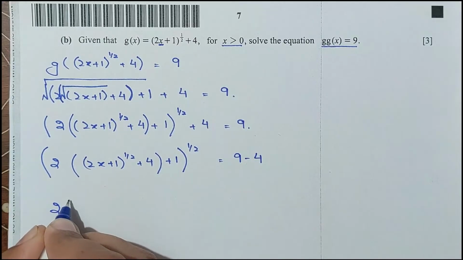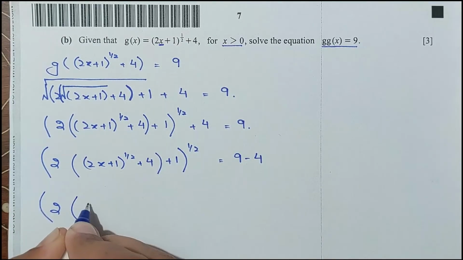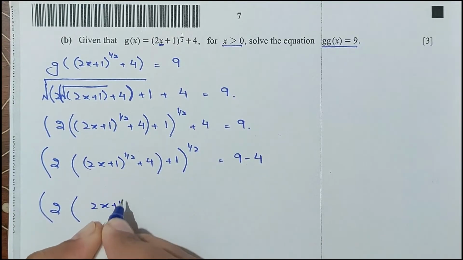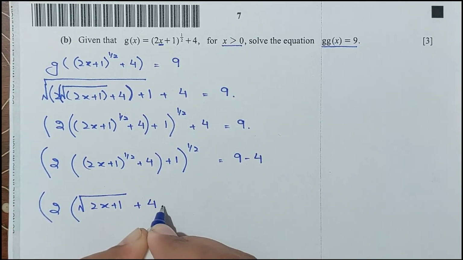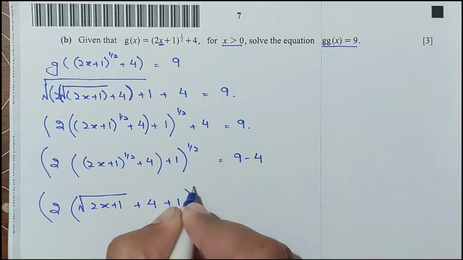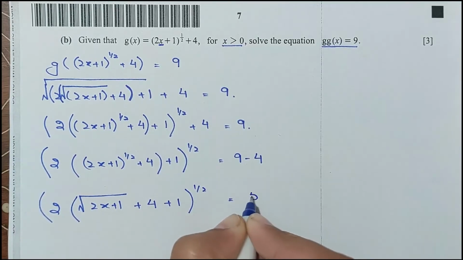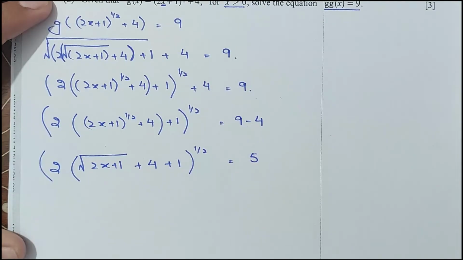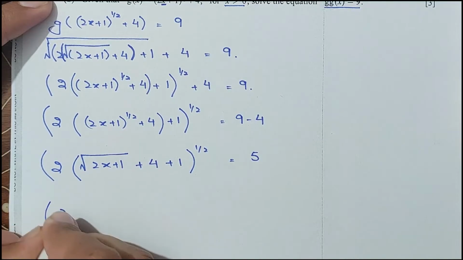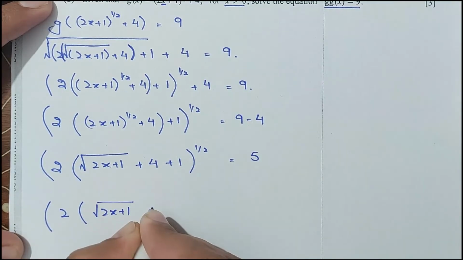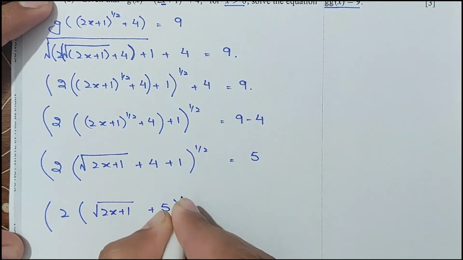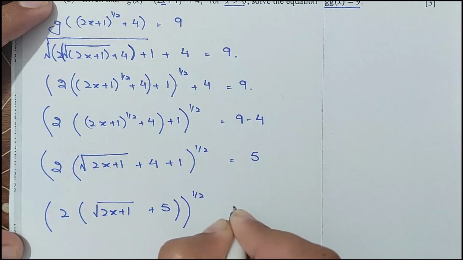2 into 2x plus 1, this is in the square root, okay, plus 4 plus 1 by 2, this is equals to 5. Further simplification, we have 2 into 2x plus 1 plus 5, 1 by 2, this is equals to 5.